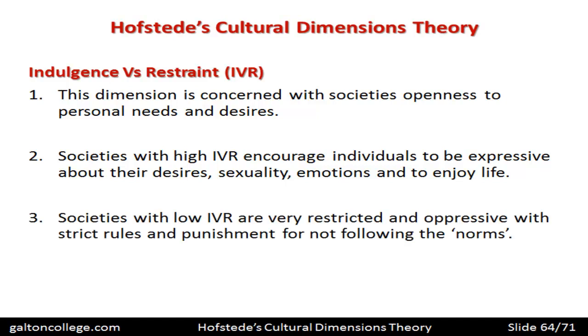Societies with a low index are very restricted and oppressive, with strict rules and punishment for not following the norms. So the government lays down the rules, and the society must follow those rules. Those rules are probably grounded in history, in tradition, in culture. But when the rest of the world is changing, some societies find it very difficult to adhere to those norms.